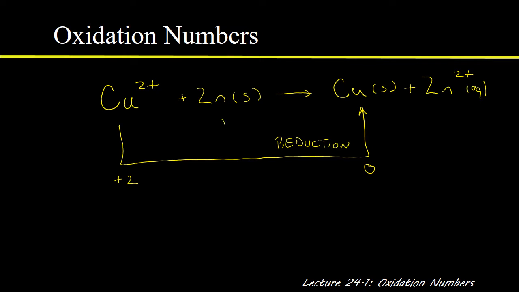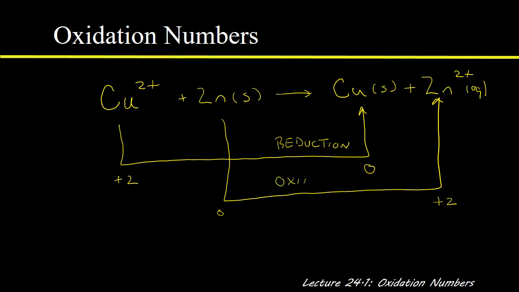Now, zinc, on the other hand, is going from a charge of 0 to a charge of +2. And if the charge is increasing, it must be losing electrons. And we know that losing electrons is called oxidation.